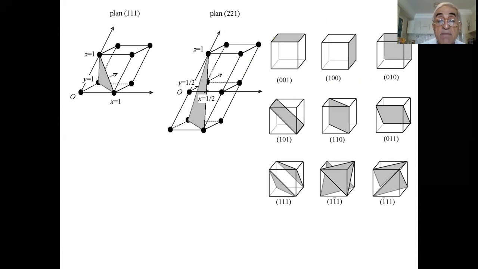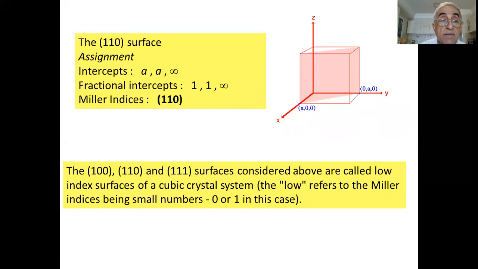These are other examples of planes, their intersections with the axes, and the Miller indices shown under each figure. The 110 surface intercepts are a, a, infinity. Fractional intercepts 1, 1, infinity.